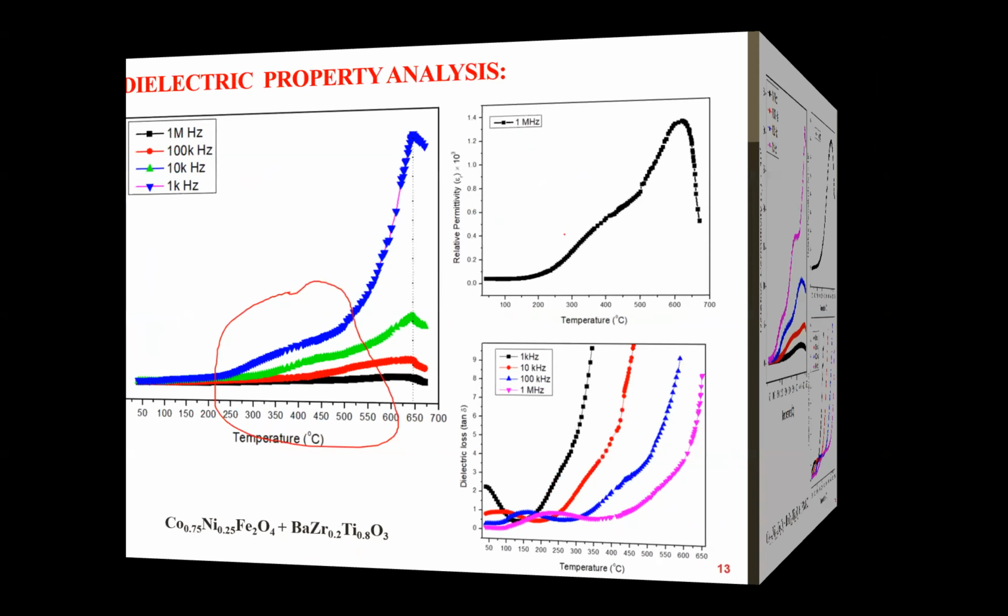With the addition of graphene oxide into the composition, that is 0.5%, it is observed that the dielectric relaxation increases, and two different dielectric relaxations are observed in our material.